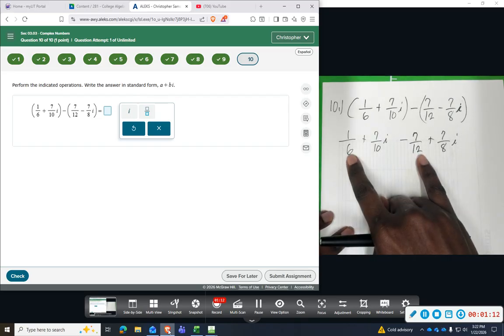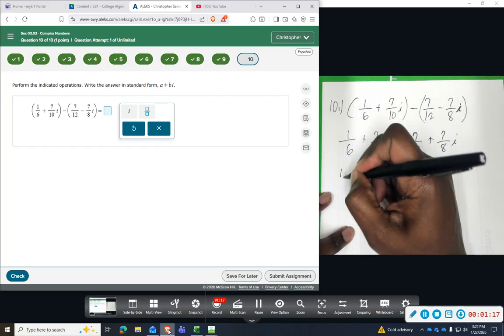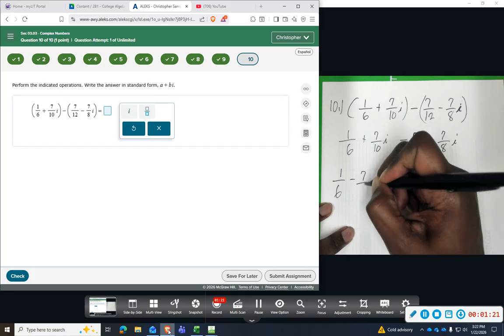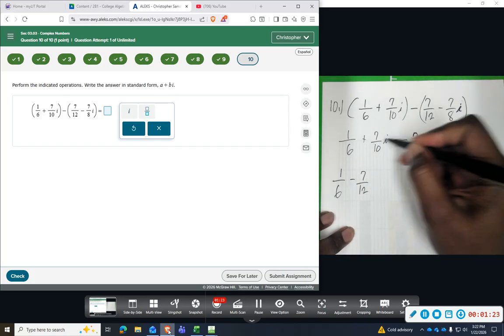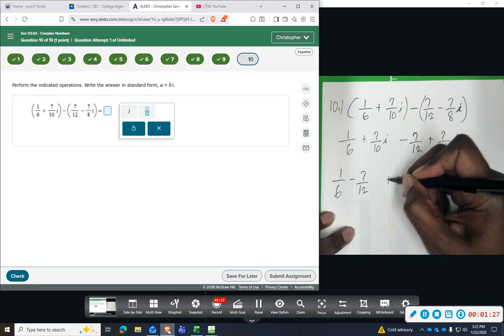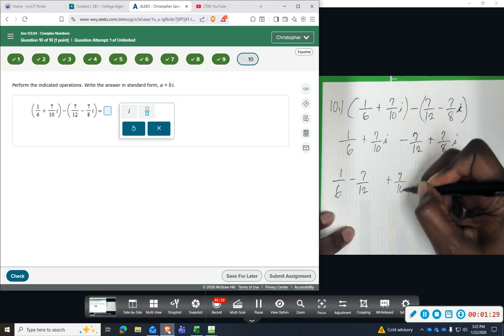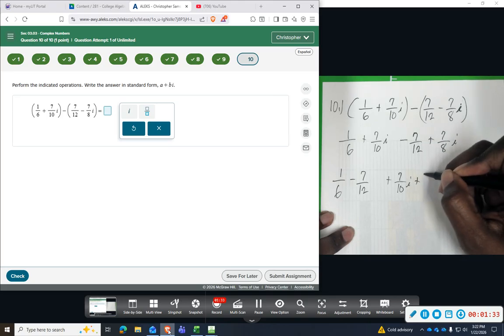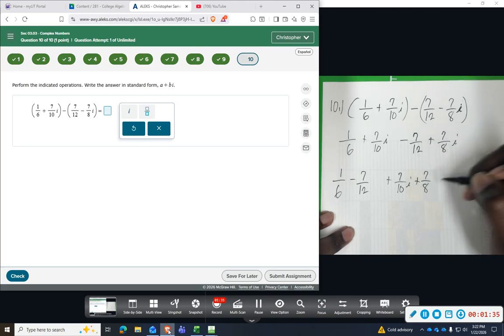So the 1/6 and 7/12 are like terms. You're going to combine those: 1/6 minus 7/12. And then the imaginary parts, we're going to put those together, which is going to be plus 7/10, and then plus 7/8.